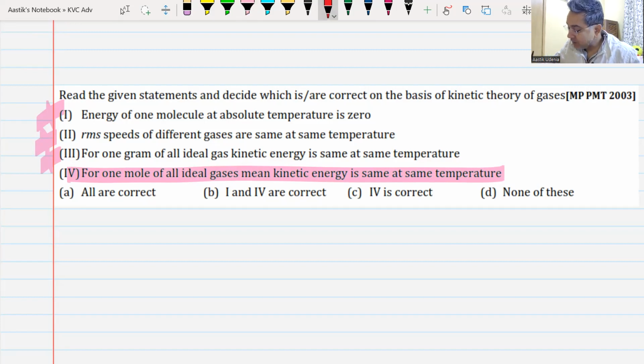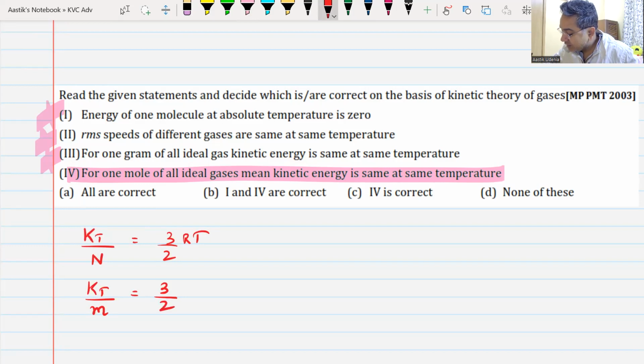Remember, I have given you average kinetic energy per mole. For 1 mole it is 3 by 2 RT. Average kinetic energy per molecule is 3 by 2 kT. From average kinetic energy per mole, you can find out the average kinetic energy per gram.